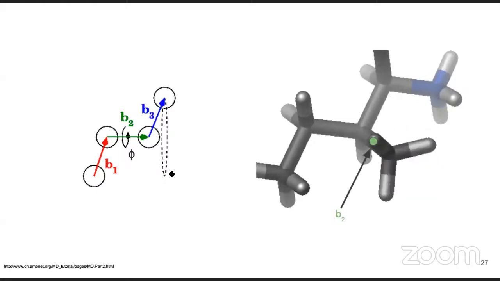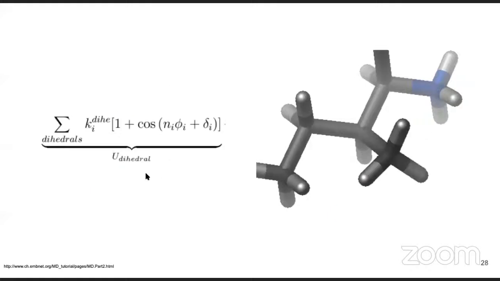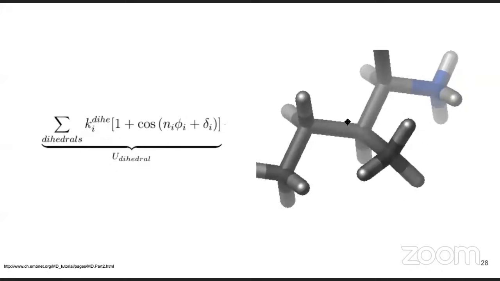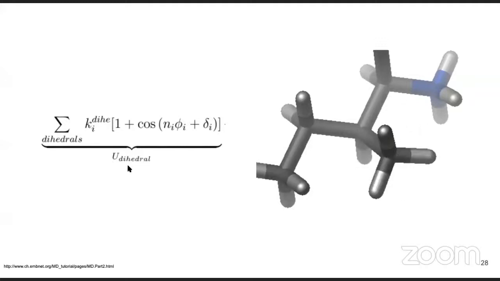So we consider this as another way in which motion can happen, but this is represented in a slightly more complex mathematical notation. We're not going to go into the depth of that, but again, by summing up all of these motions, you will come up with the potential of all the dihedrals, right?